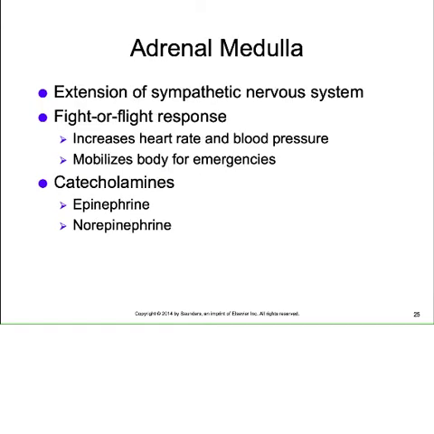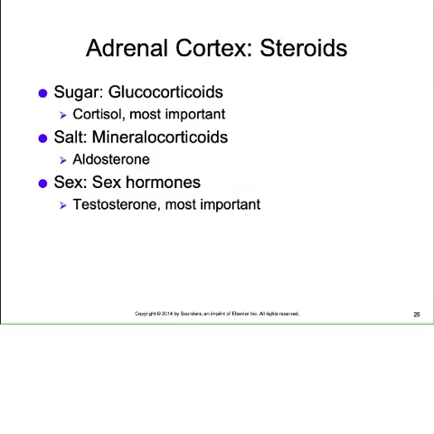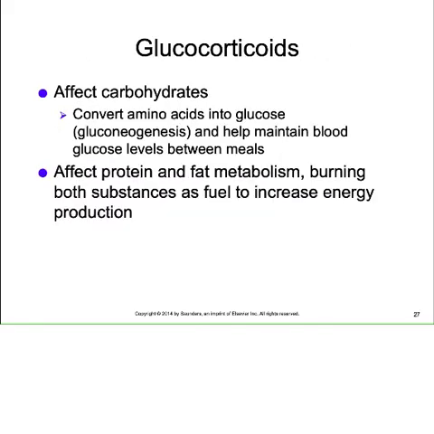Okay, so there's the adrenal medulla and what it produces, right? And there are the corticoids that are made by the adrenal cortex, right? The glucocorticoids are important because they raise your blood glucose levels between meals.